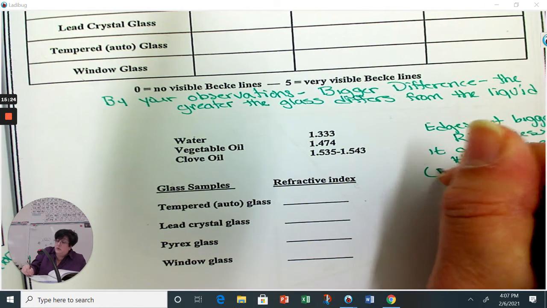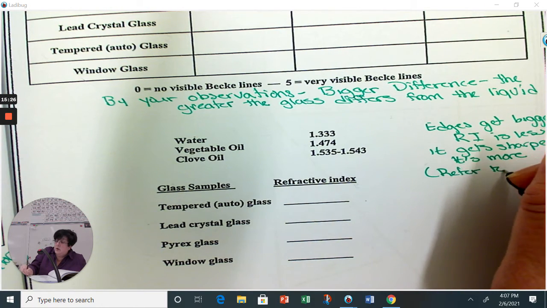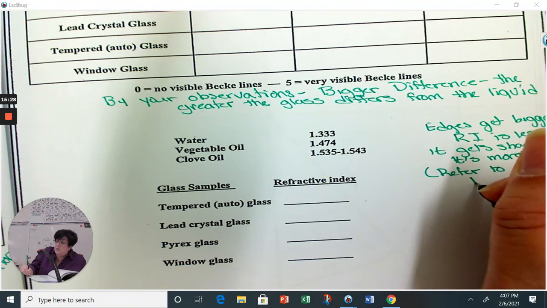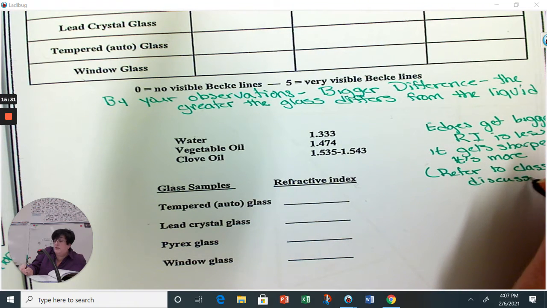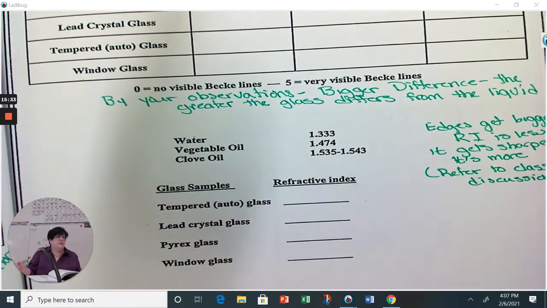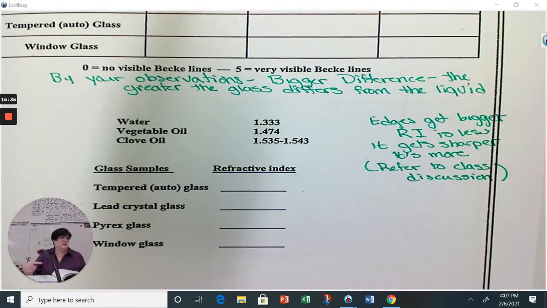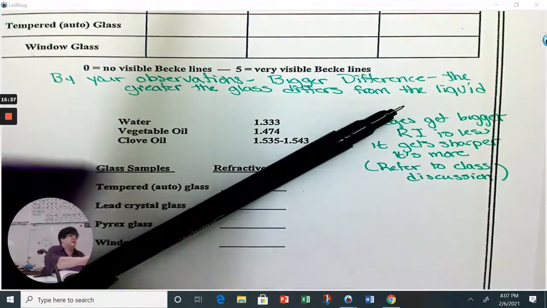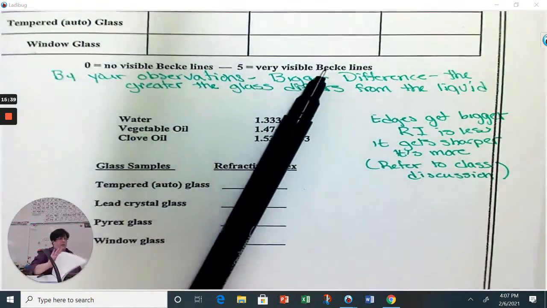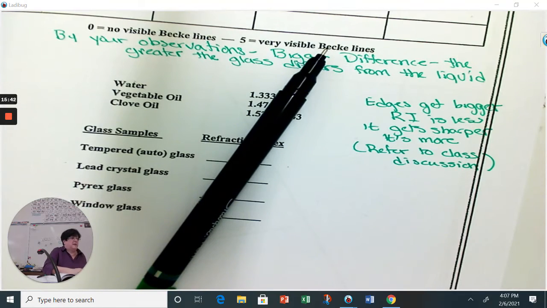And what I'll say is refer to your notes or refer to class discussion, because I got to look that back up and I really got to make the video right now. So it's really hard for me to figure this out. Hold on just a second. Let me see if I can find my data that I had that tells us what it is. So hold on just a sec.